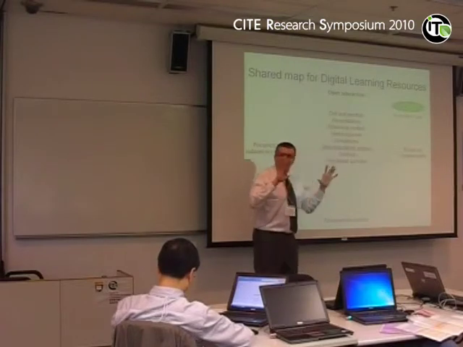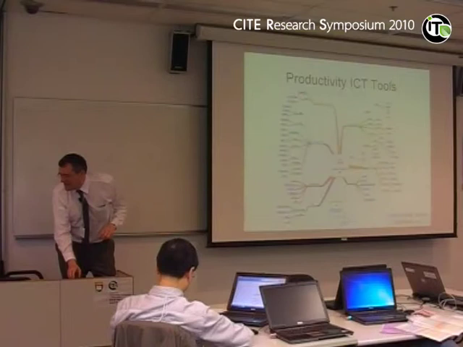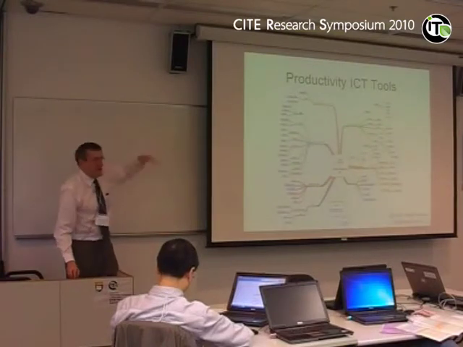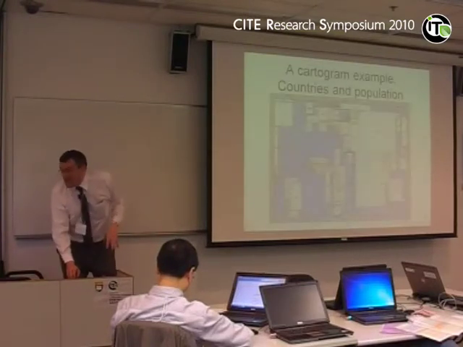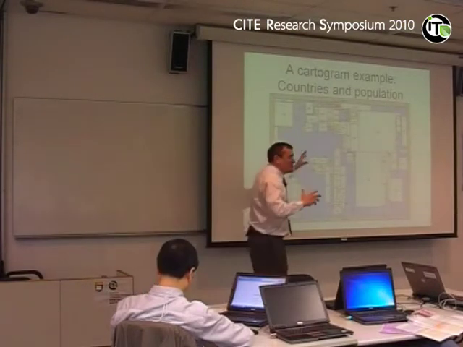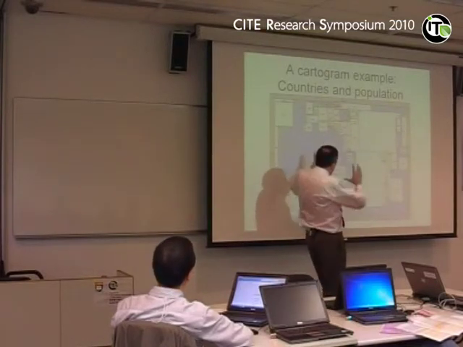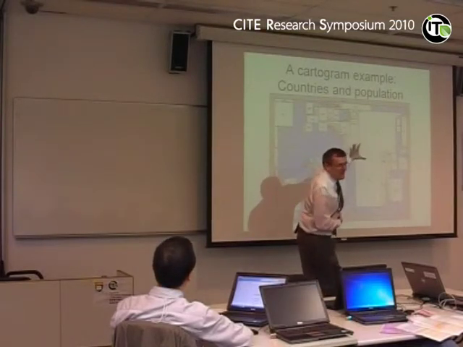But I don't know if I explained it well here. Well, this is an example of just productivity tools. This is an example of what I expect to produce, a kind of cartogram, not with so many categories, of course.